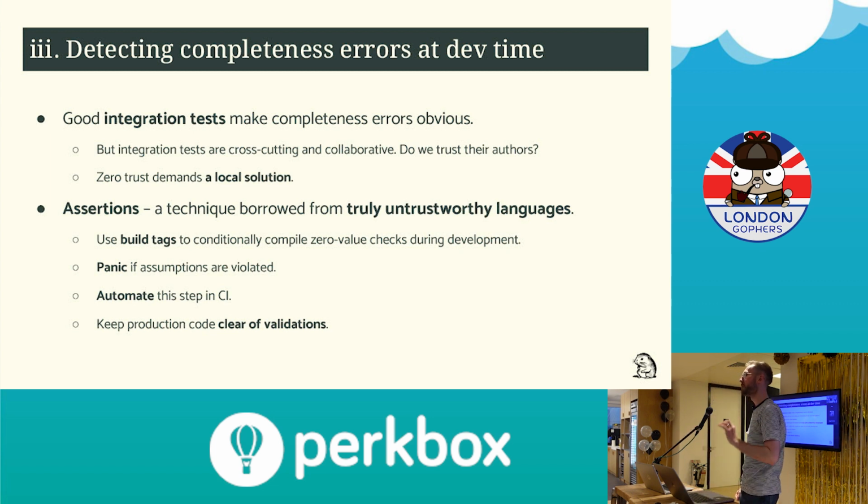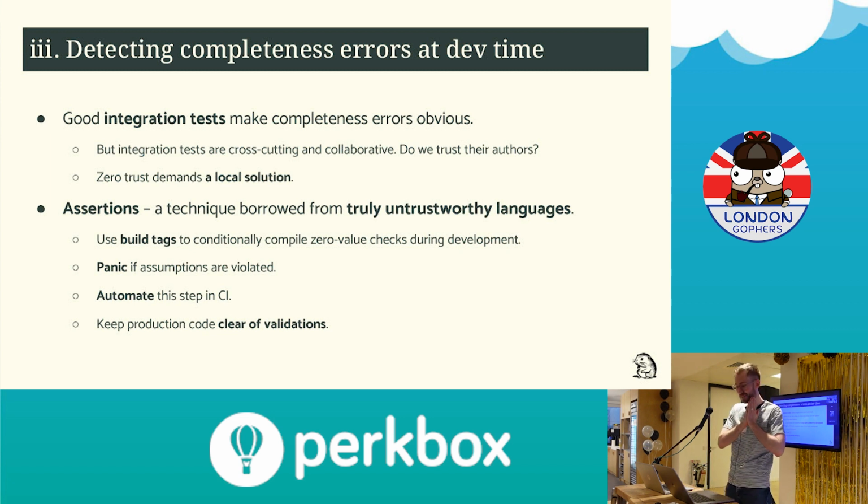So we can borrow a technique from very deeply untrustworthy languages like C and C++, where you can literally add a number to a pointer and get another number, and suddenly you access memory that is vastly outside the bounds of your own program.